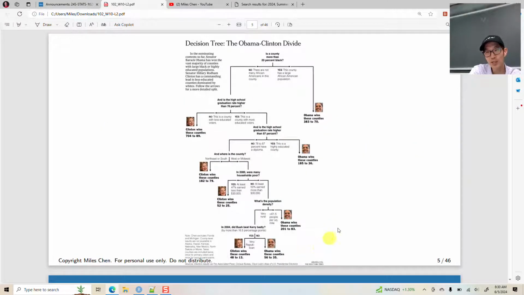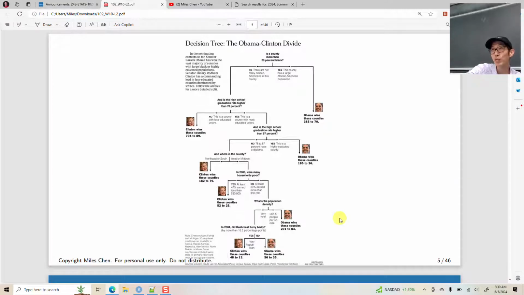So here's an example of a decision tree that was run all the way back in 2008. I don't know how old you guys would have been in 2008, but that was when Obama was first elected, and before the presidential election, there was a Democratic primary, Hillary Clinton versus Obama.